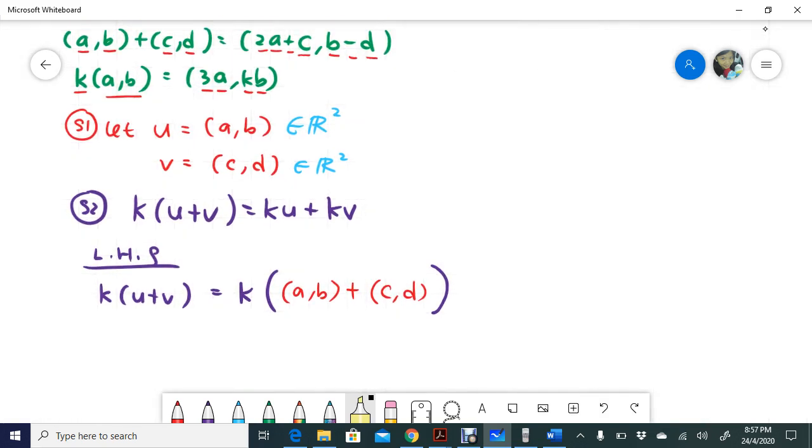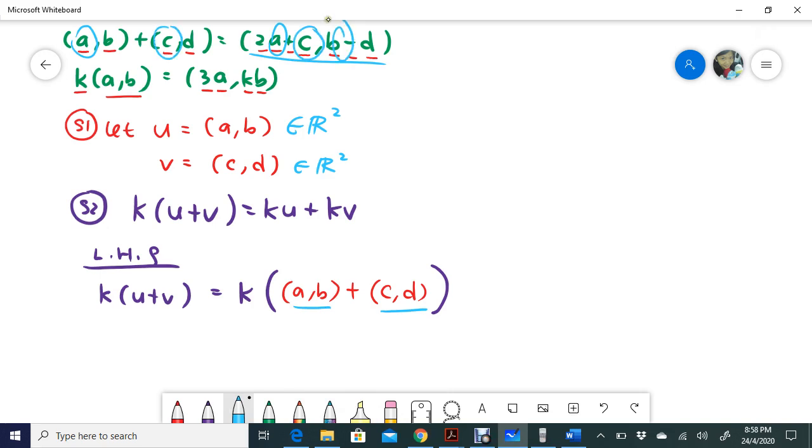It is 2a plus c, b minus d, right? Since you are in the form of a, b, c, d, you just follow. As I mentioned, a represents the first element, c the third element, b the second element, d the fourth element. Okay, this is a very logical part. So what you need to do, just write back.